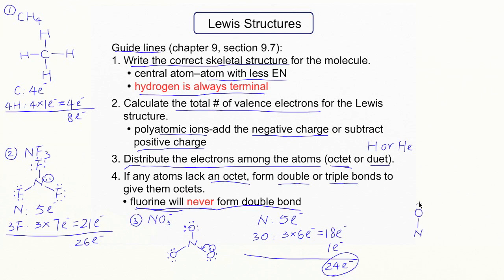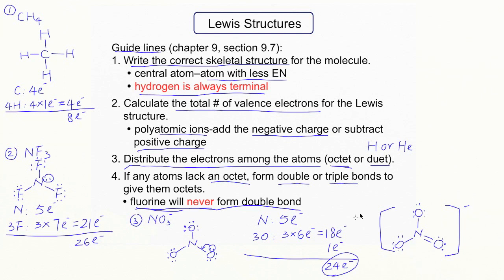You still have 6 electrons for the other 2 oxygens, but you have a double bond between this nitrogen and oxygen. And because nitrogen shares 1 lone pair, it has 2 lone pairs left. So this is the Lewis structure of NO3 minus.